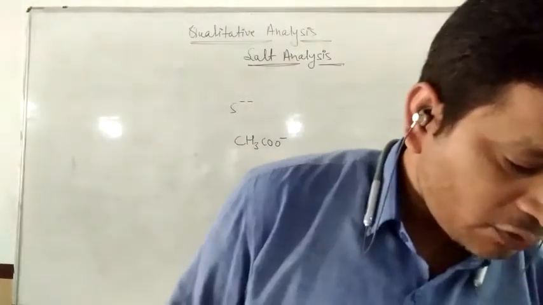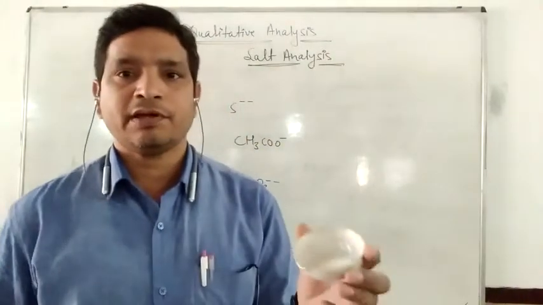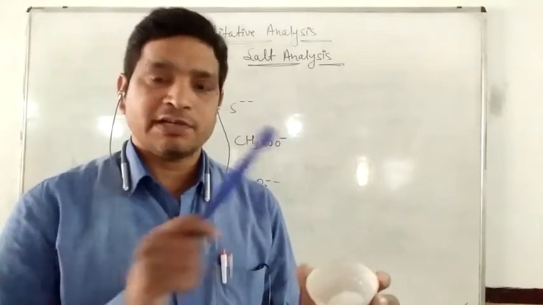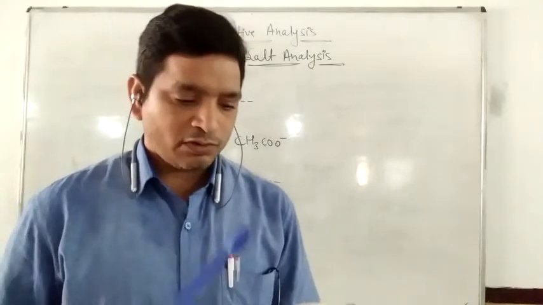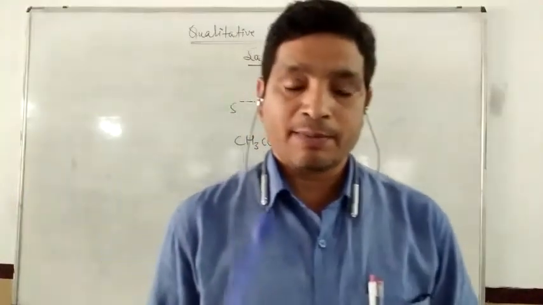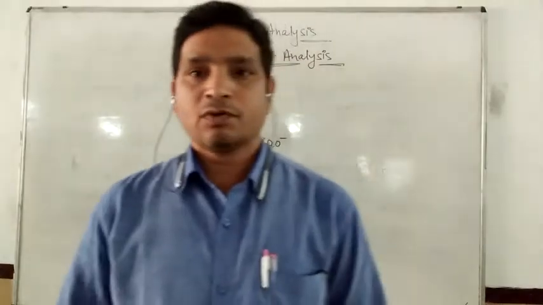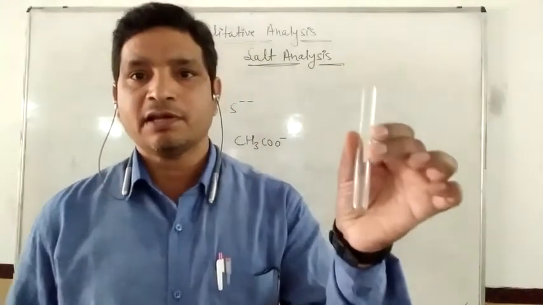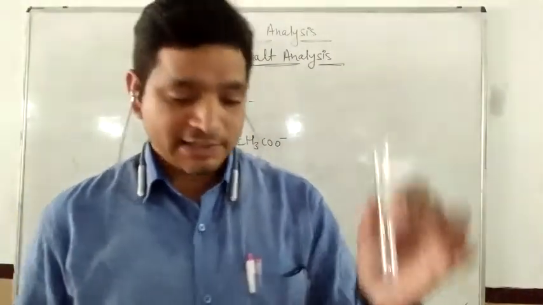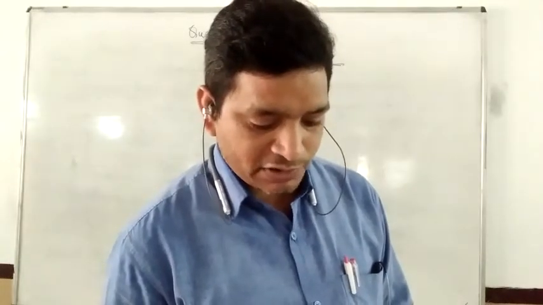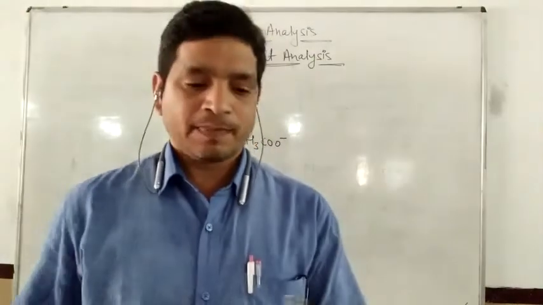Suppose you have a salt, and we have to find out which anion is present in this salt. So what should we do? First of all, we have to take a clean and dry test tube, and in that we will add the salt in which we have to find out the acidic radical.